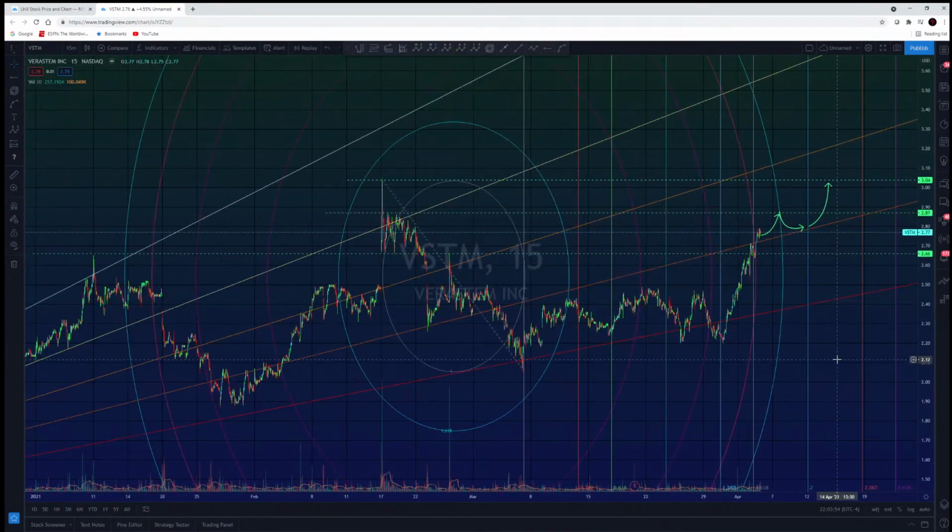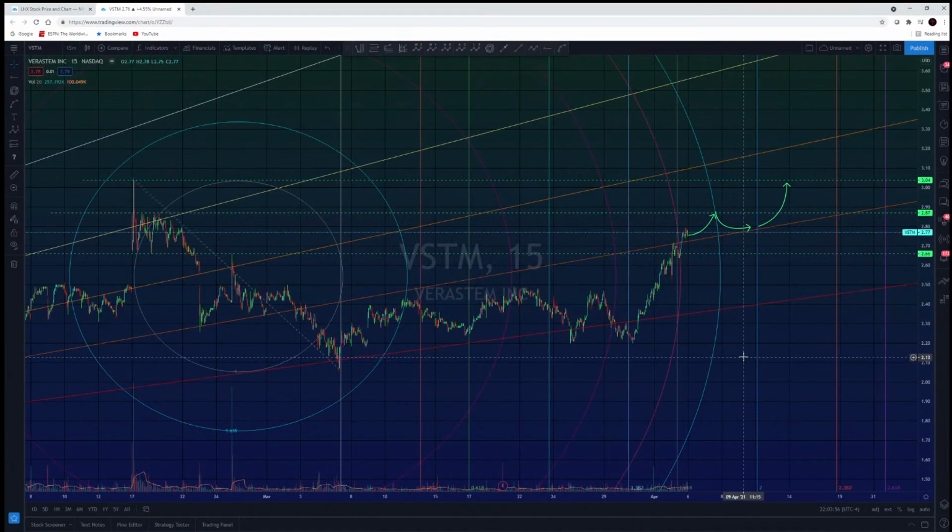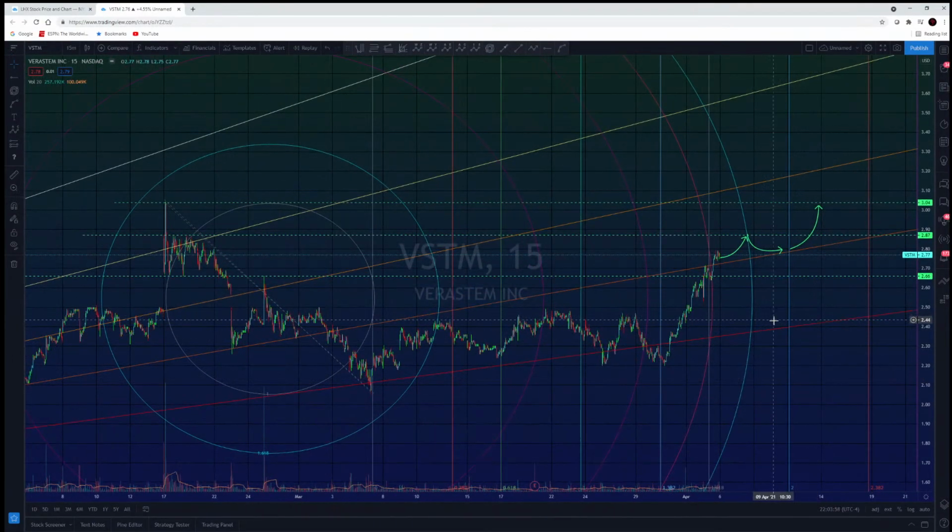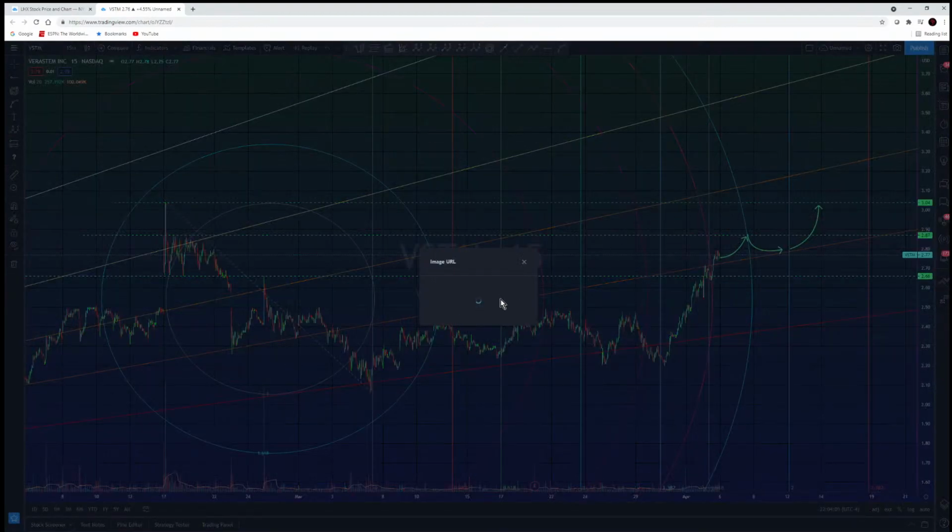So I'll respond to this on VSTM. I did all the lines and everything. It looks likely that we're gonna have a flat correction here to make a wave 4, and then this can go to $3. I don't normally do pennies, but he was the only one that replied to the tweet, so he gets what he wants.